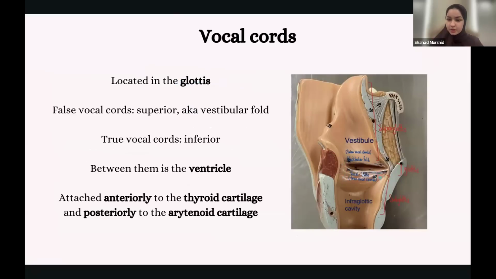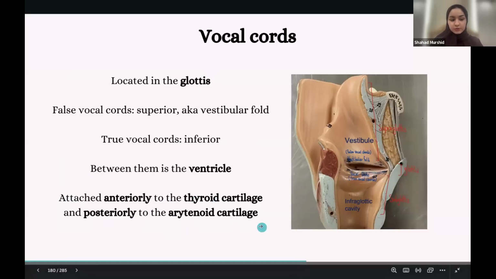They look like lips. So you have an upper and a lower. The upper one is called the false vocal cord. It's also known as the vestibular fold. And then below it, you have the true vocal cords. And between them is a place called a ventricle. And the vocal cord is attached anteriorly to the thyroid cartilage and posteriorly to the arytenoid cartilage.